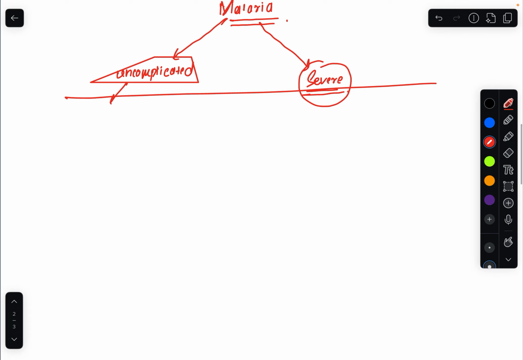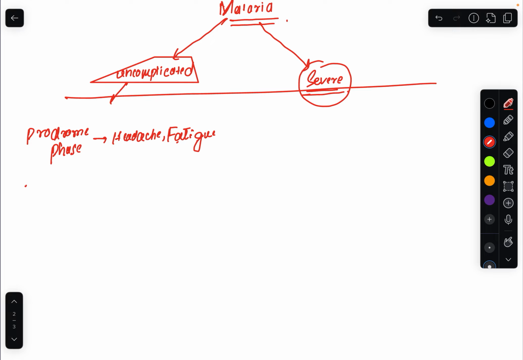In uncomplicated malaria, there is a prodrome phase which is characterized by headache and fatigue.